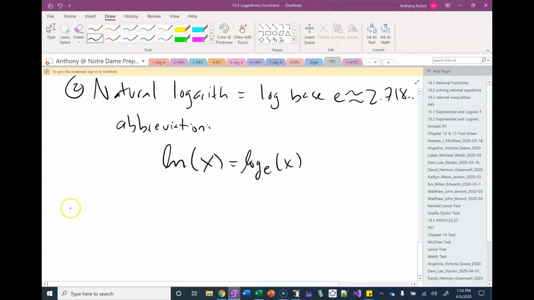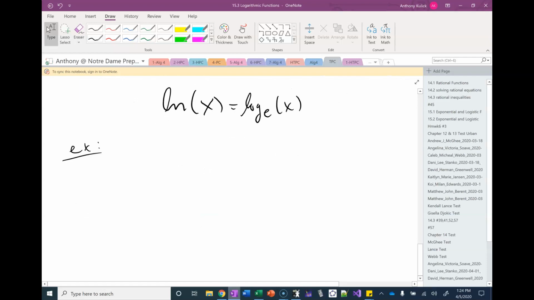Okay, so let's look at some examples here using these new definitions along with what we've learned previously. Let's say that we wanted to solve the following equations. A equals log of 1,000.